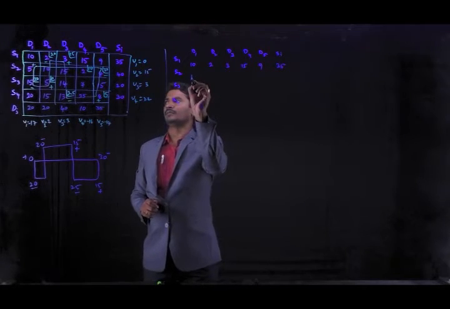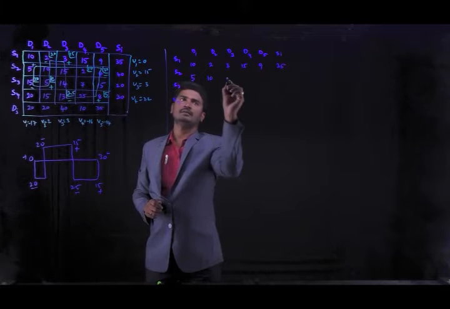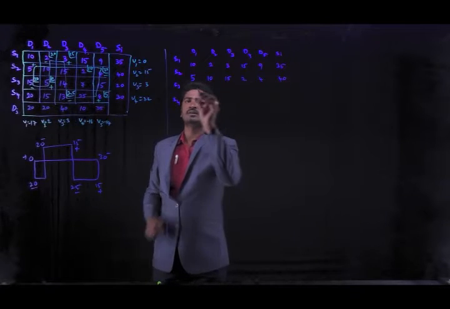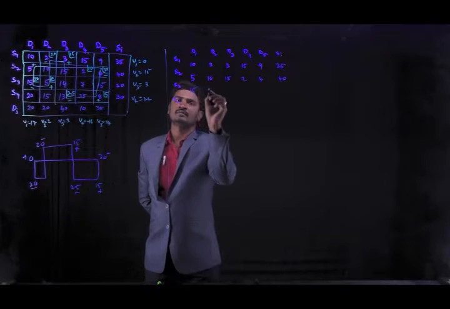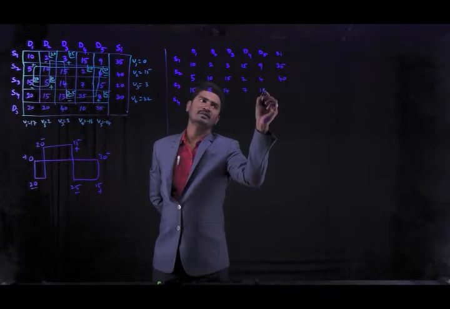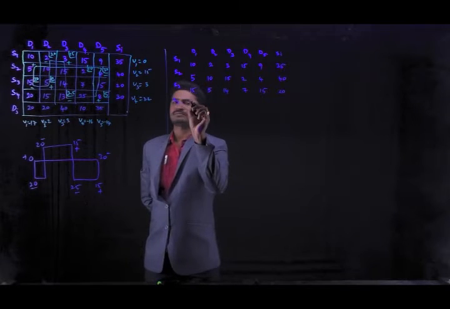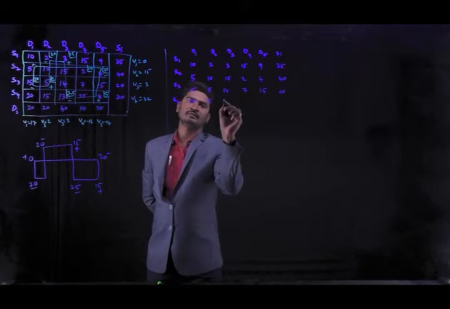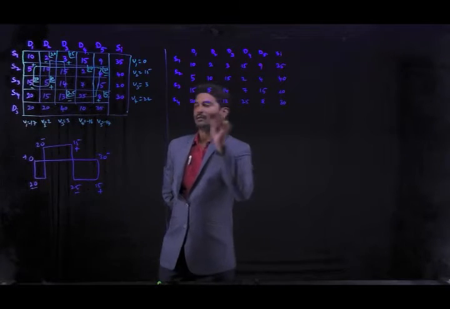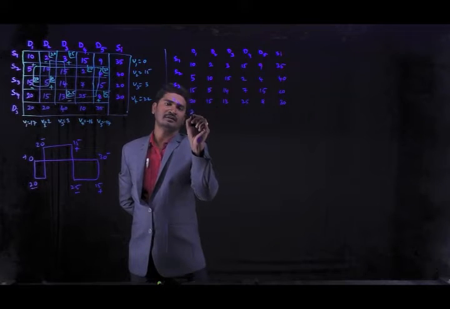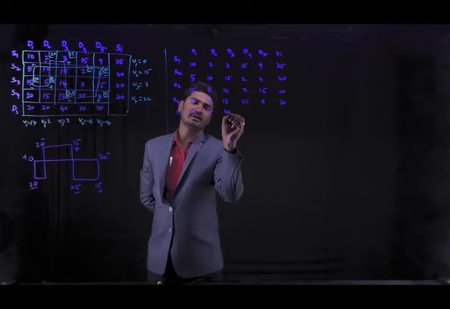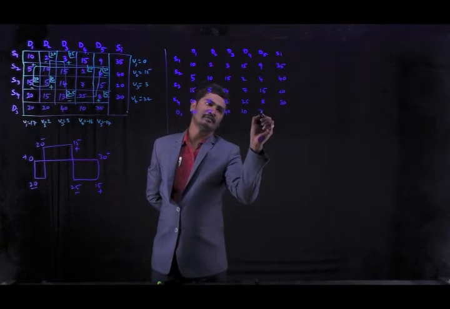And here 5, 10, 15, 2, 4, then the supply is 40. Next here 15, 5, 14, 7, 15, and supply 20. Next here 20, 15, 13, 25, 8, and the supply value is 30. Coming to the demand values, the demand values are 20, 20, 40, 10, 35.